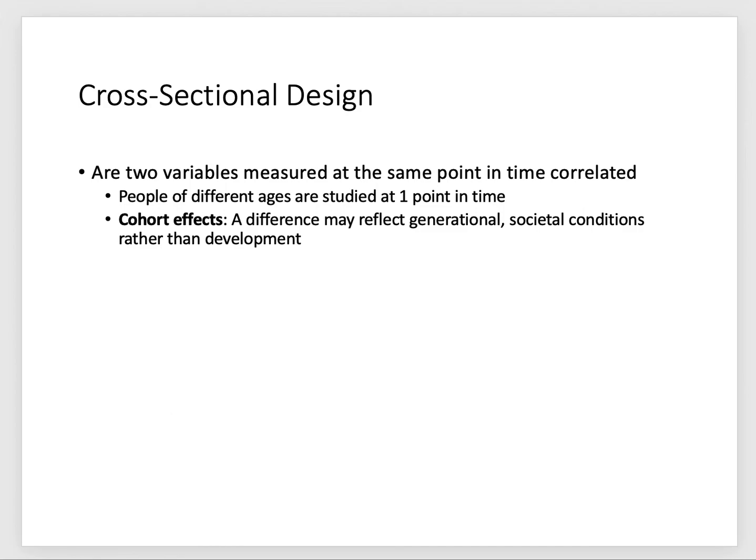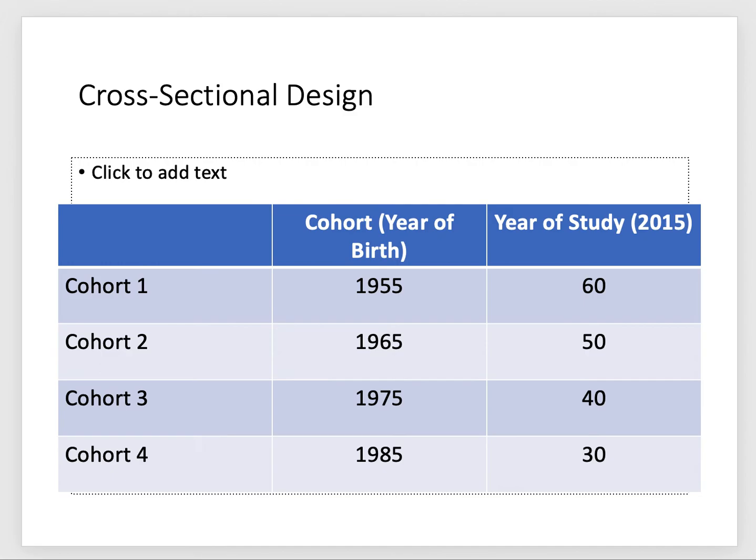If I want to test a question about differences according to those ages, I could have a problem that relates to the cohort that those people are part of. Today they're part of a different generation. They may have different societal conditions, rather than developmental conditions, that affect how they perform in my study.